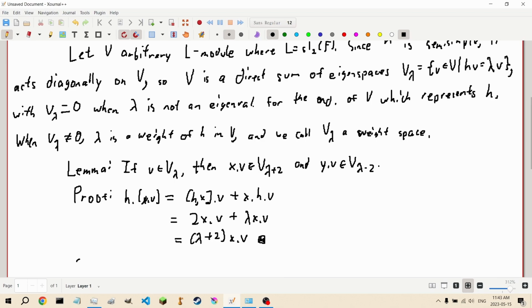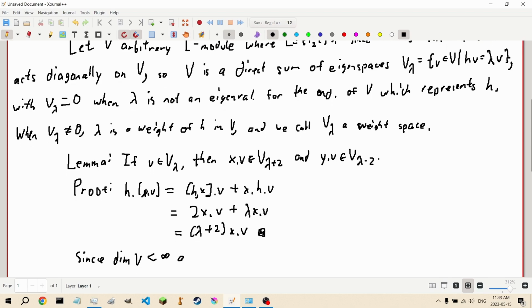Now, since our V is assumed to be finite dimensional, and V as the sum of V lambda, the collection of V lambda, not the sum, is direct.